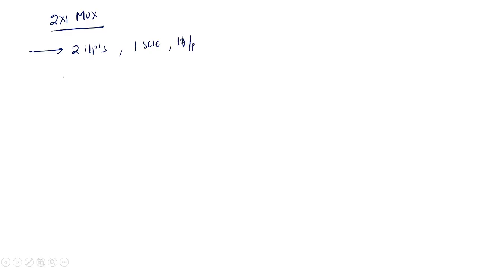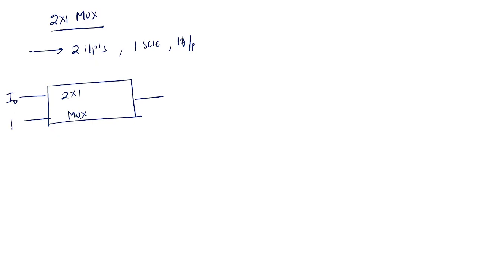If you see the block diagram, this is the 2 cross 1 MUX. Two inputs are there, one output. Let us take the inputs as I0 and I1, and an enable pin is also there. The enable pin acts like a switch. So enable pin, selection line and output y.